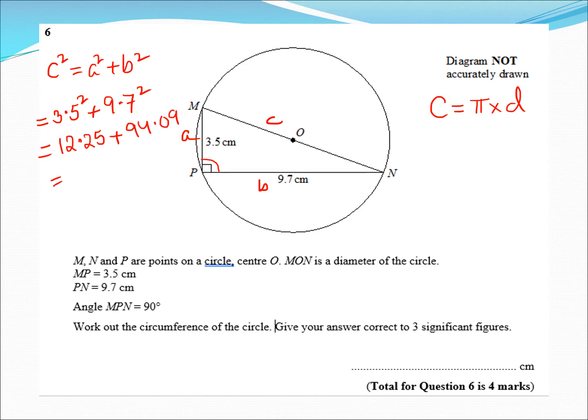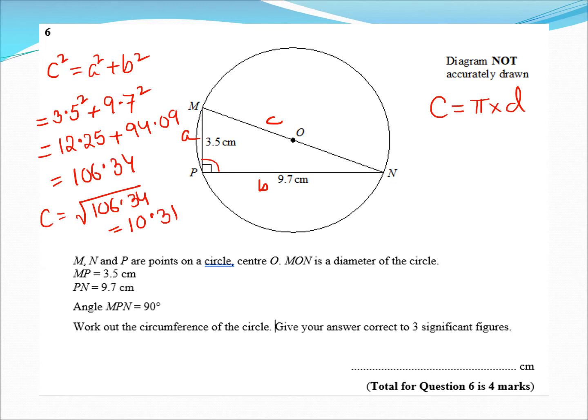You add them together, you get 106.34. So c is going to be the square root of 106.34, which gives you the answer 10.3 or 10.31. So that is the diameter of the circle.